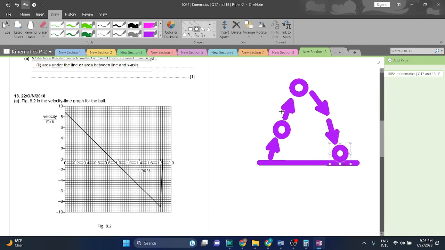अच्छा, firstly when the person which is throwing the ball throws the ball, it will have a maximum velocity. Maximum velocity होगी, and this will be the time where the person throws the ball. ठीक है ना?